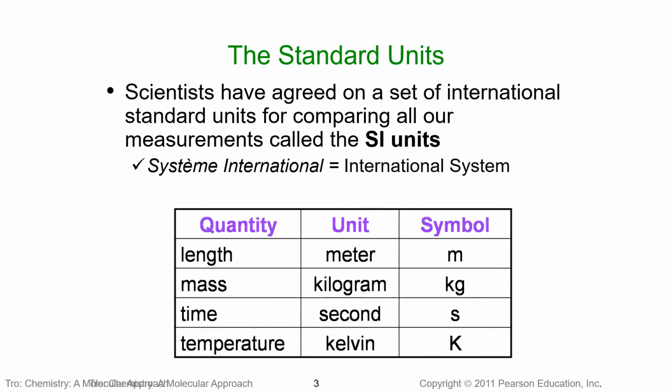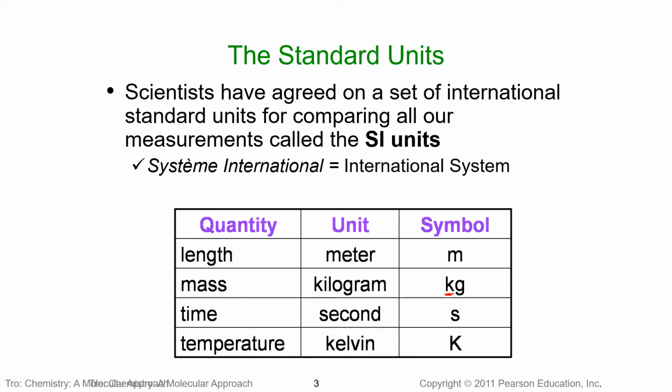If we're measuring length, the unit is the meter, and its symbol is m, and it's measured by the distance that light travels in a very specific amount of time.